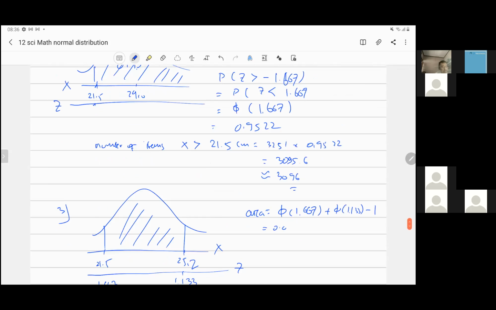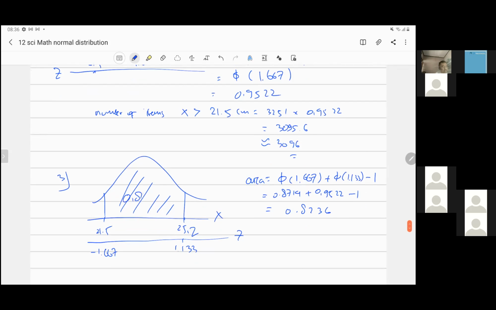In terms of numbers, that's going to be 0.8714 plus 0.9522 minus 1. Clarissa, get me this, please. 0.8236. Okay, so this is 0.8236. Now, the total number is going to be 3251 times 0.8236.